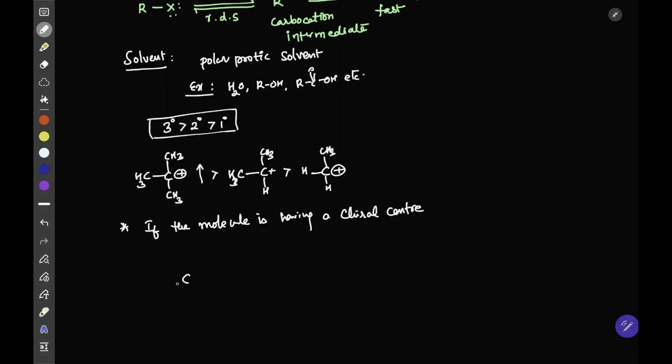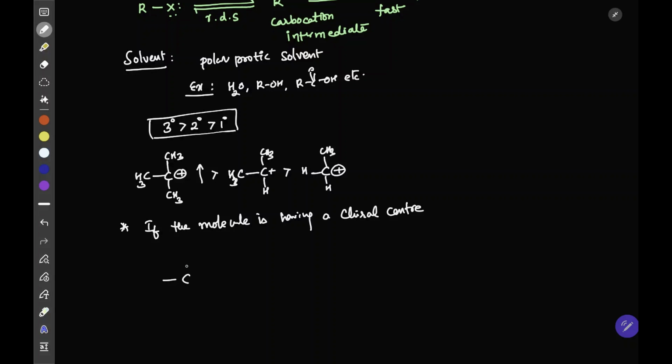Suppose you take this carbon with chlorine, methyl, ethyl (C2H5), and phenyl. If a carbon is attached to 4 different groups of atoms, this carbon is called a chiral carbon.